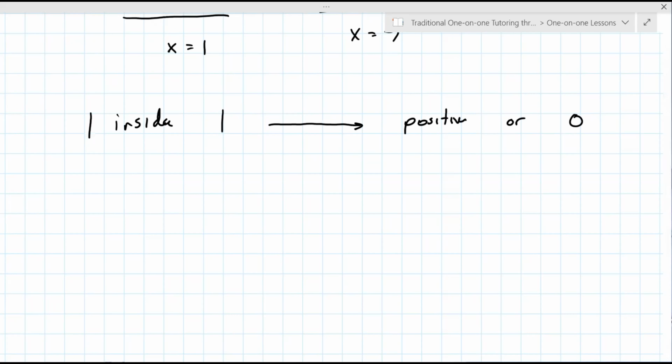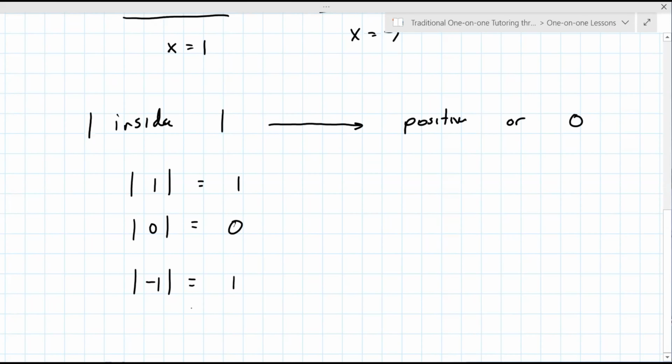So let me give you some numbers. What is the absolute value of 1? 1. I'm a little bit confused about the 0. So 0 is just always 0. You can't ever change that. What about the absolute value of -1?